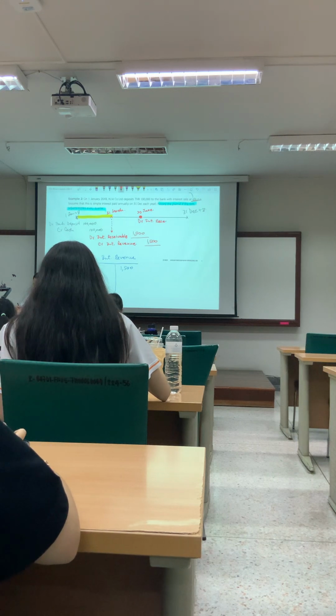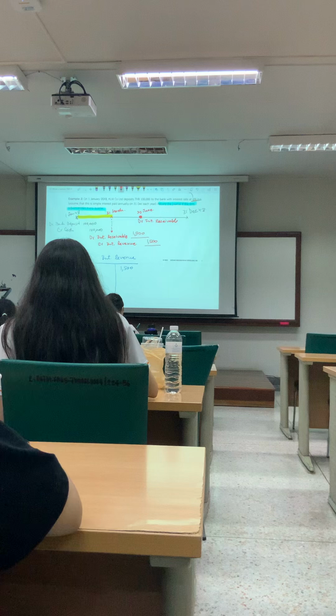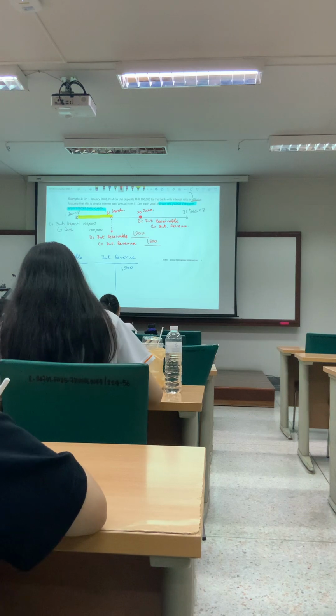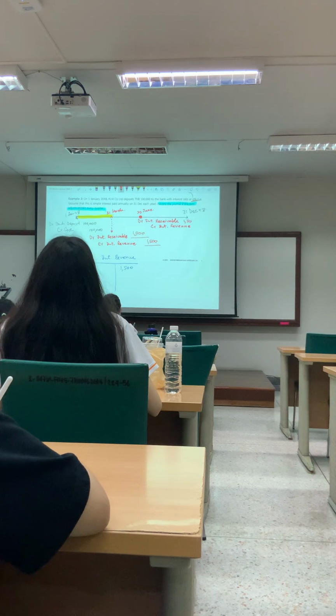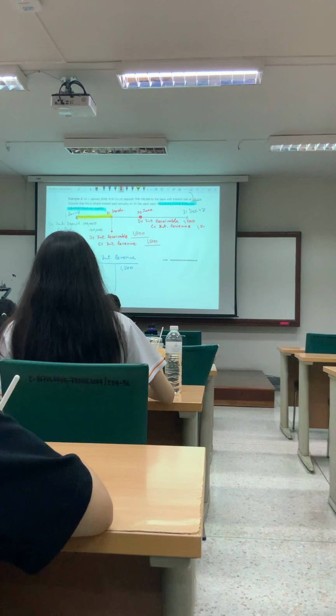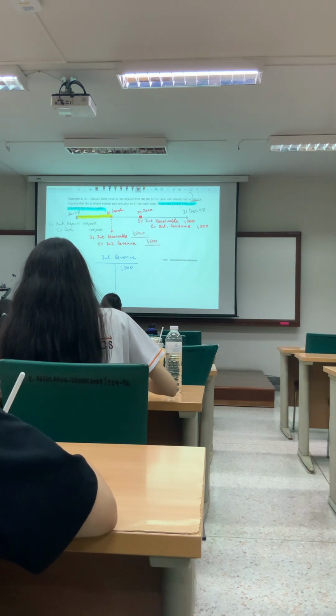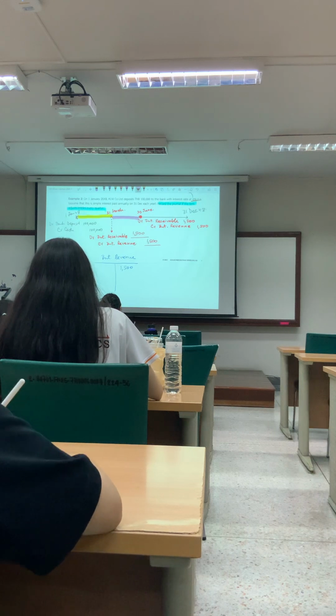Debit interest receivable and credit interest revenue. How much? Say 1,500, because this period is exactly 3 months.